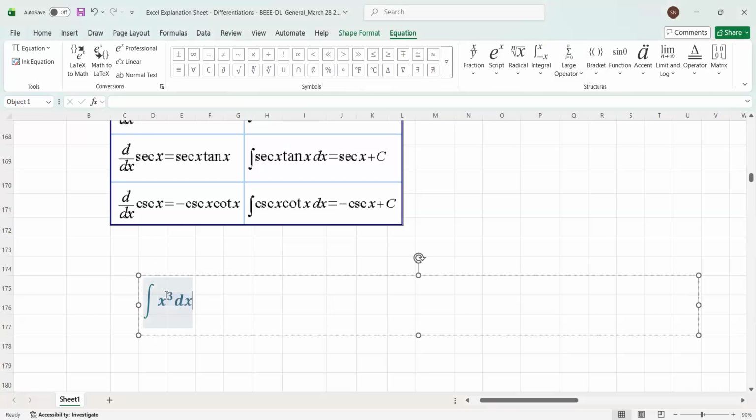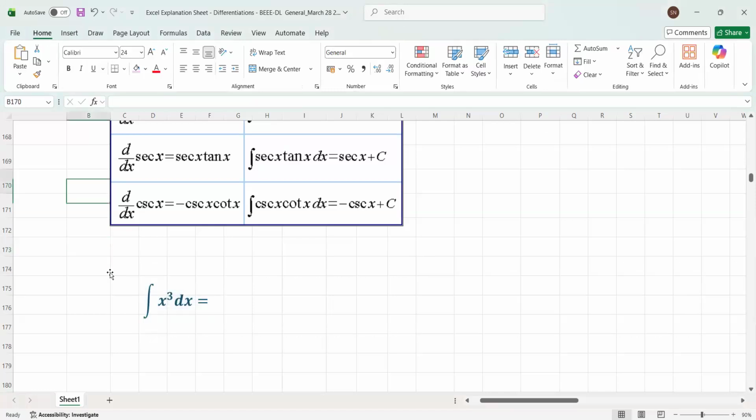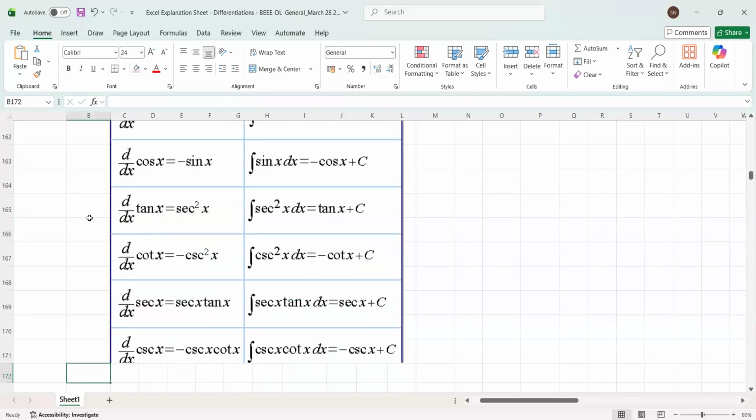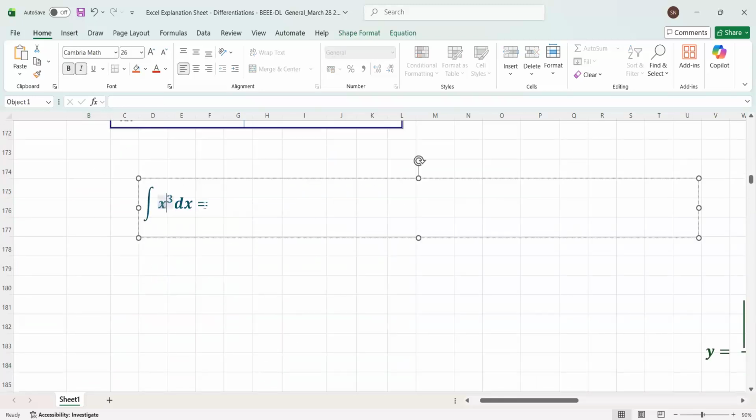Now from the formula, remember the formula at the top. If you have x raised to the power n dx, then you add 1 to the power and divide by that power. So that is basically what I'm going to do here. First of all, let me create a fraction.